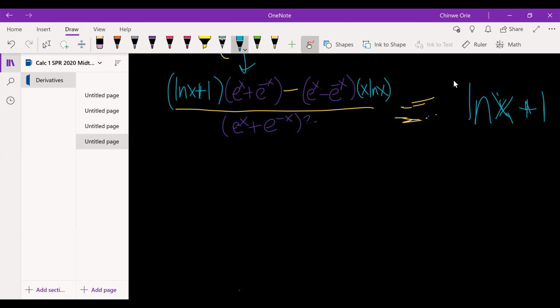I would first cross out, because you have an e to the x plus e to the negative x squared on the bottom.